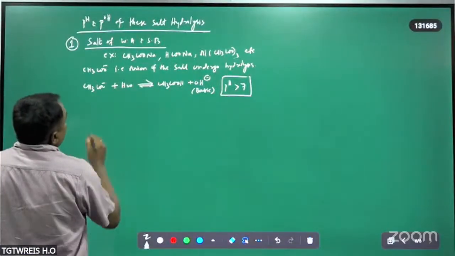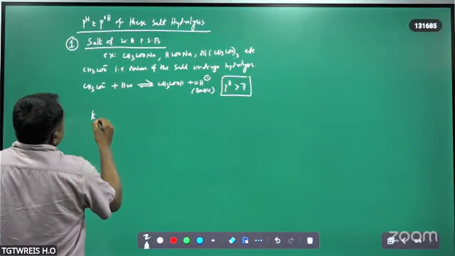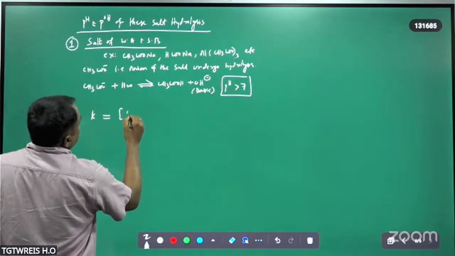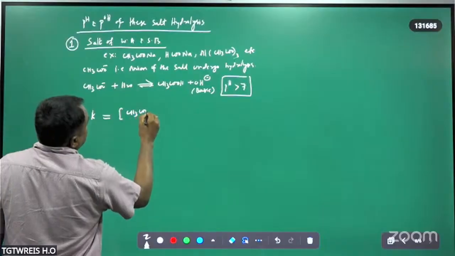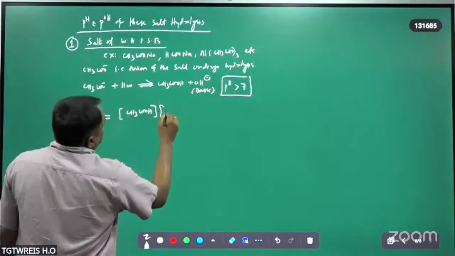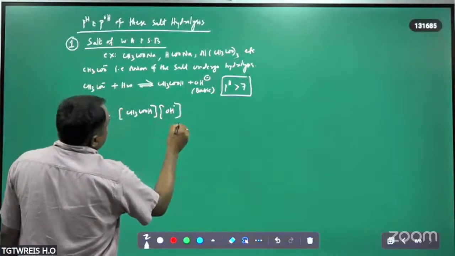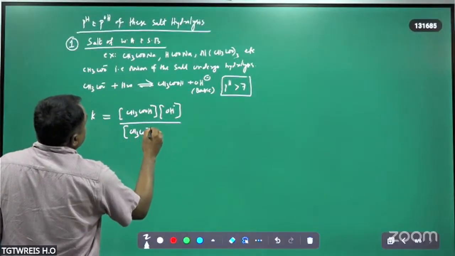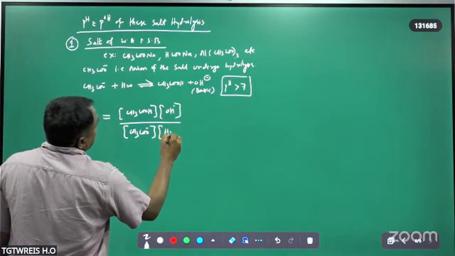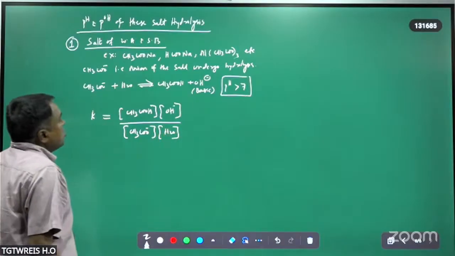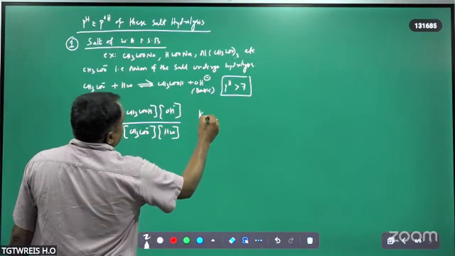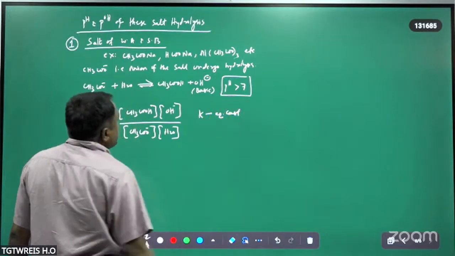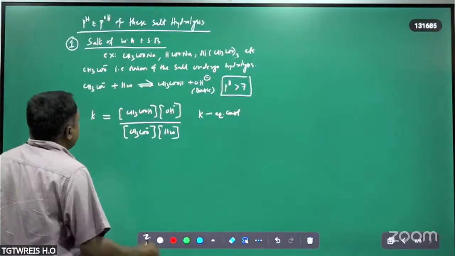So this is an equilibrium. Therefore, K is the equilibrium constant, equal to CH3COOH into OH minus by CH3COO minus into water, where K is the equilibrium constant in terms of molar concentrations.